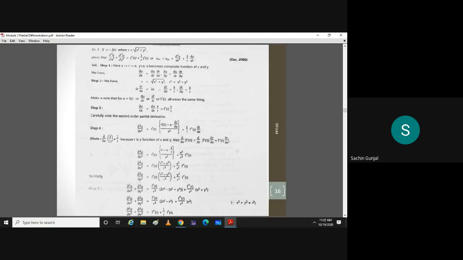So substitute it: f'(r)/r³ times 2r² minus r², plus f''(r)/r² into r². That cancels, so you will have f''(r) plus, 2r² minus r² is r², so one r² gets cancelled and one r will remain. So f'(r)/r will be as it is. This is what is required.